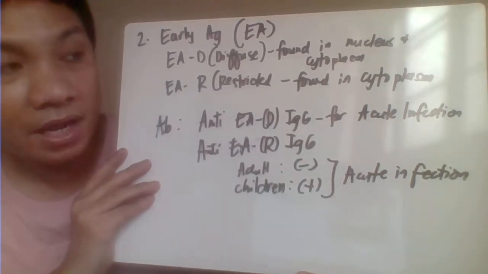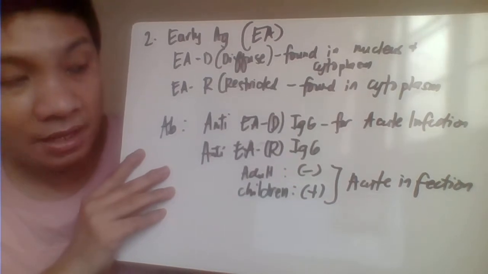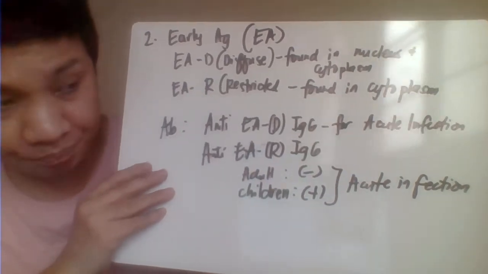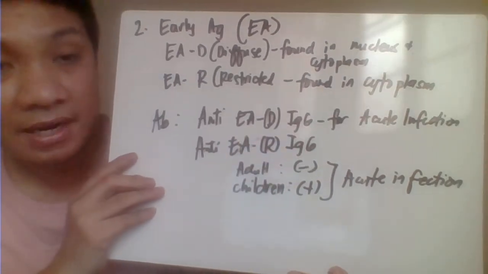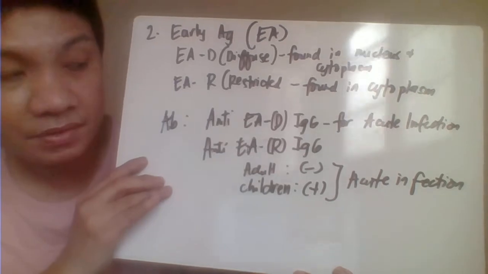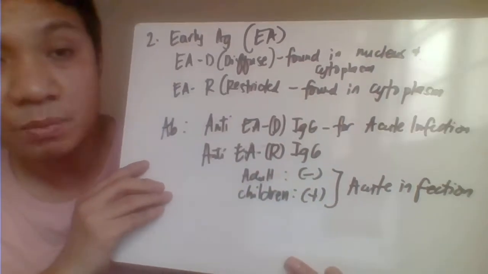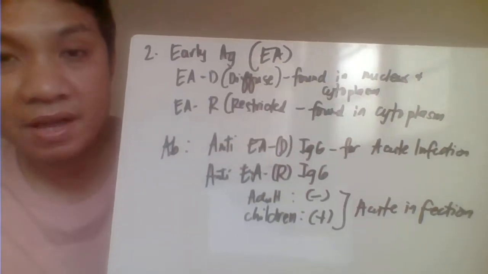Anti-early antigen diffuse IgG antibody could be positive for acute infection, but the early antigen restricted IgG for adult population, even if they have an acute infection, they are negative for that. But for the children, again, they will give a positive result here in an acute infection. Therefore, this one is not a reliable indicator for diagnosing an acute infection.